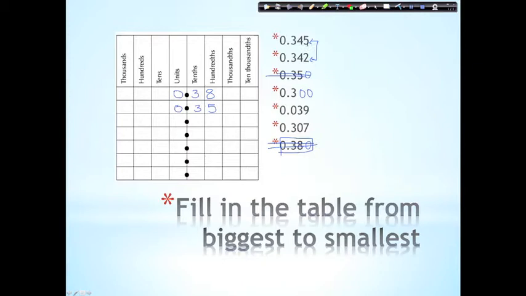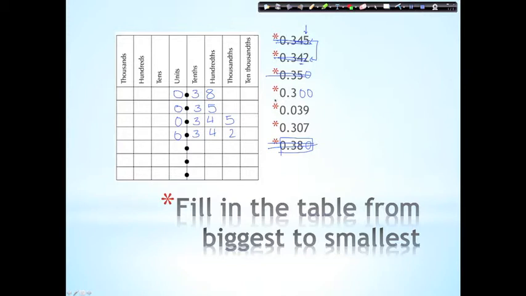And then I've got 0.345, so looking at my thousandths column, I want the biggest number, so it's going to be 0.345, because the 5 is bigger than the 2. So I've done this one. Now I know that from the hundredths column, 4 is still bigger than the 3 and the 0. So that is going to be my next number, 0.342.